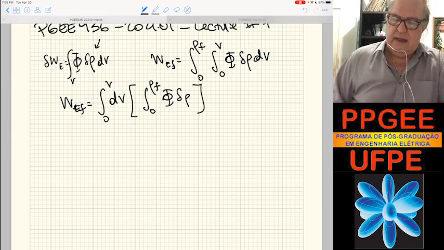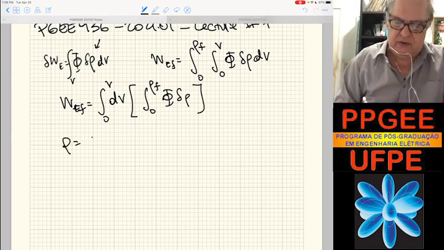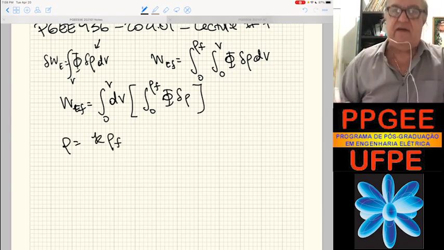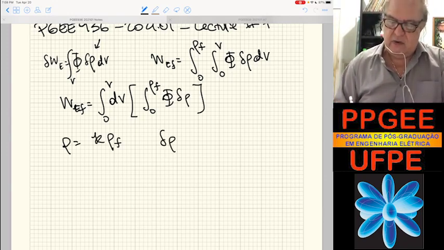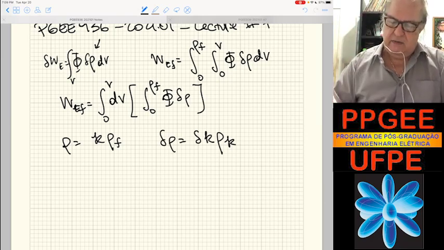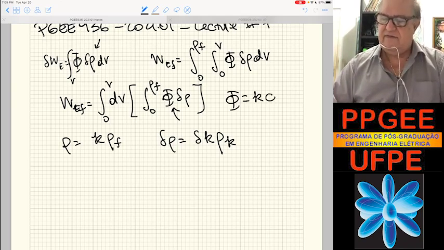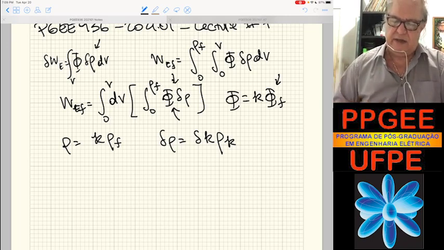Now, if the system is linear, it means that rho equals k times the final value, and delta rho is delta k times the final value. So I make a change in variables, and recalling that phi by itself is the same scale factor times the final value, and those are constant relative to the integration here.